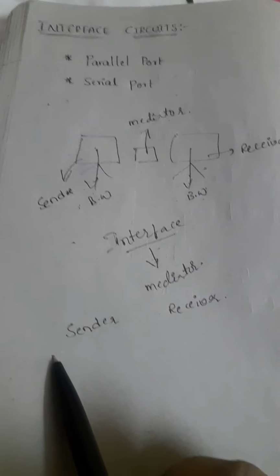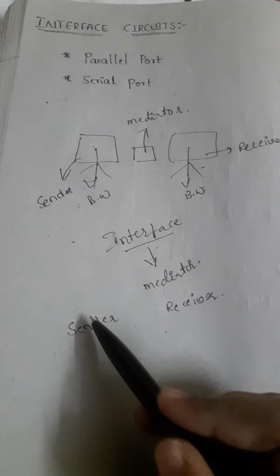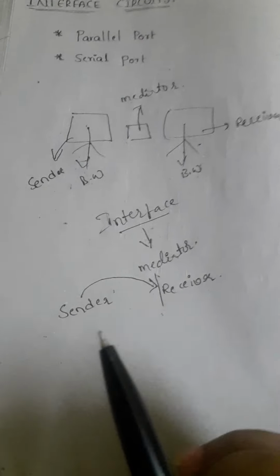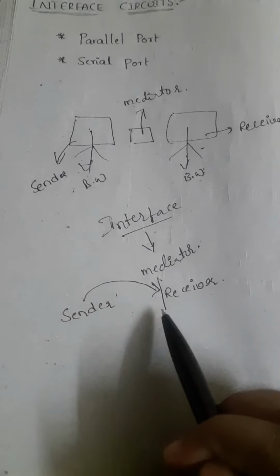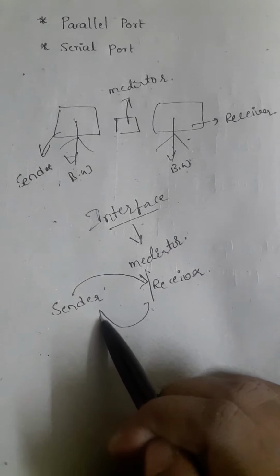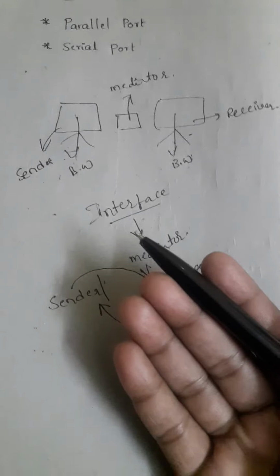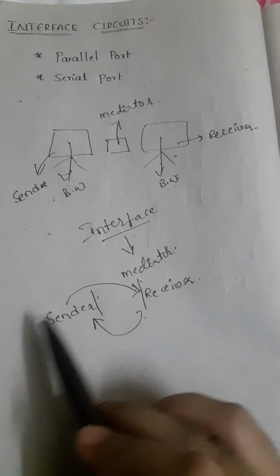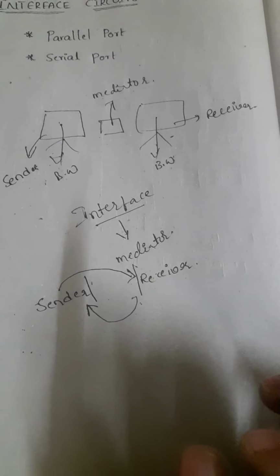Sometimes the sender wants to send data to the receiver, and sometimes the receiver wants to send data to the sender. We already know that there will be some communication media between these two systems, the sender and the receiver.